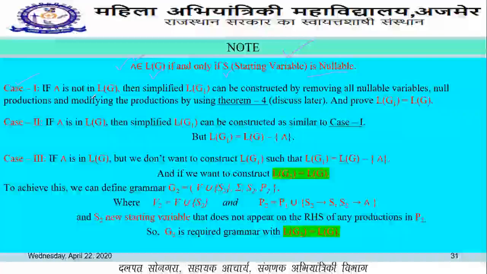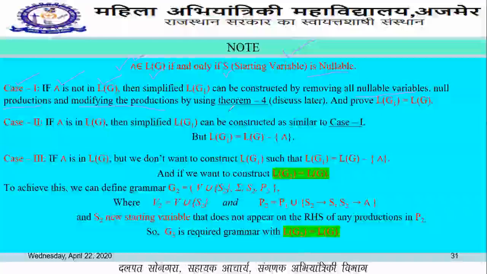In the first case, null is not in the language of G, meaning the language of G does not have the null string. In that case, we simply remove all nullable variables, the null productions, and modify the available productions.